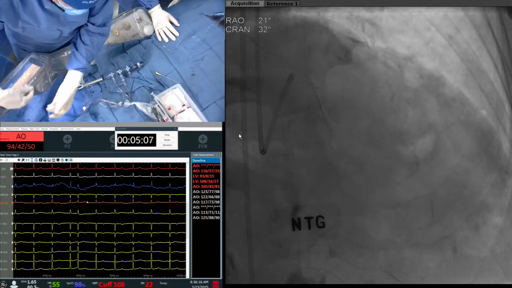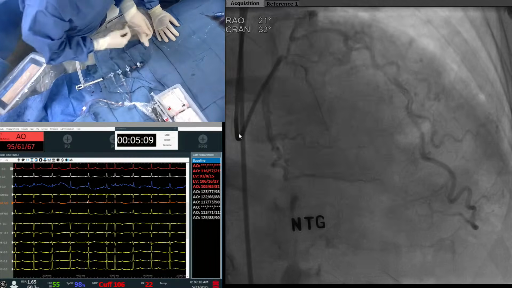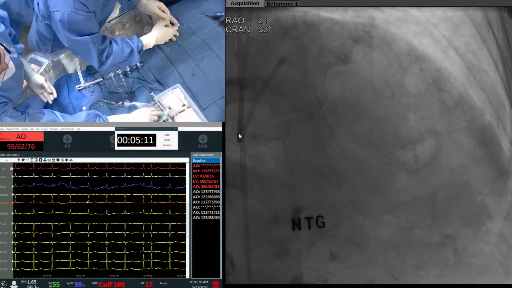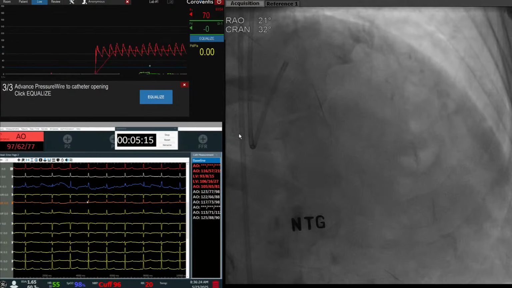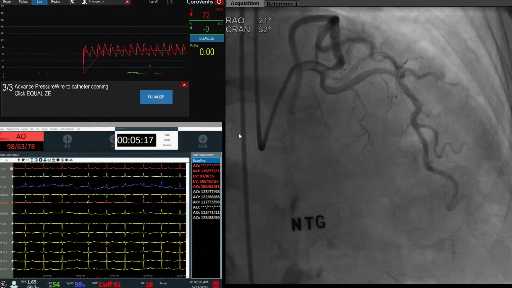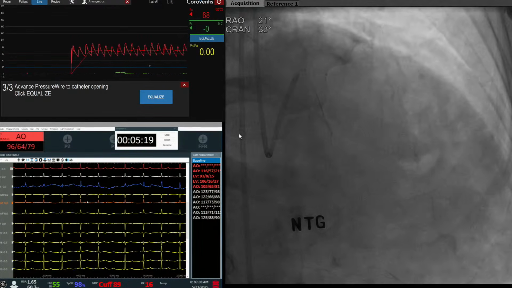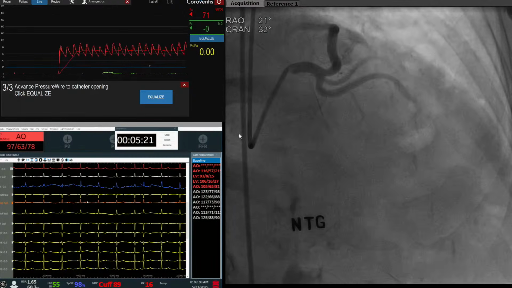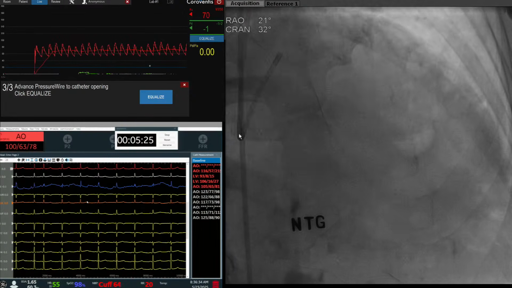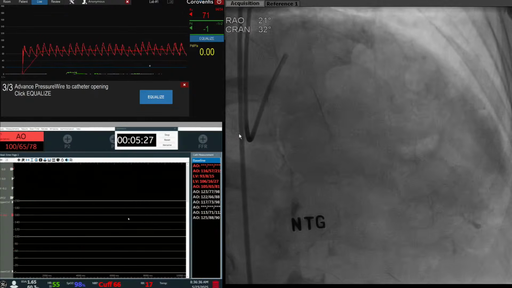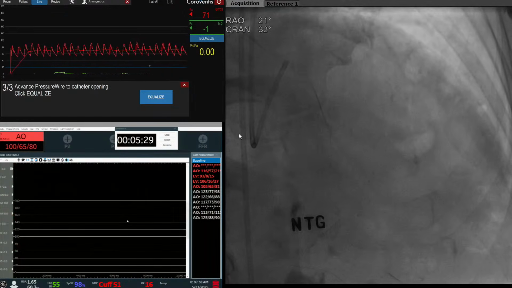I have an introducer then. Are we able to see the CoroFlow screen? Yes, absolutely. This wire is very malleable, to say the least. Yeah, it shapes very easily. You have a sharp turn into your LAD. Are you putting a secondary bend on it?